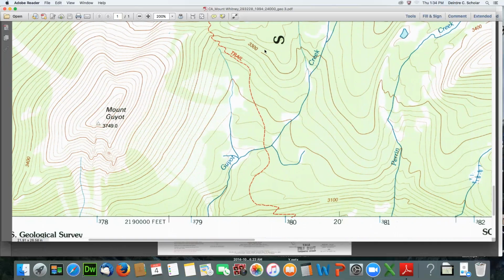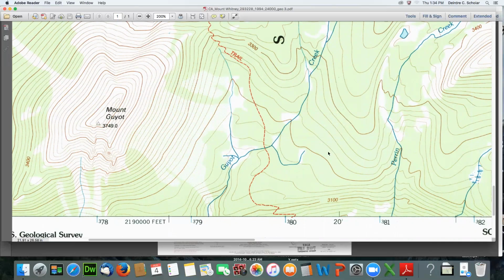Now, you can play around with this and count for yourselves. I'm just going to walk you through how I got this answer. First of all, I'm going to use the numbered index contours to help me. I see that this index contour up here, which of course continues on over into this region, has an elevation of 3,300 meters.